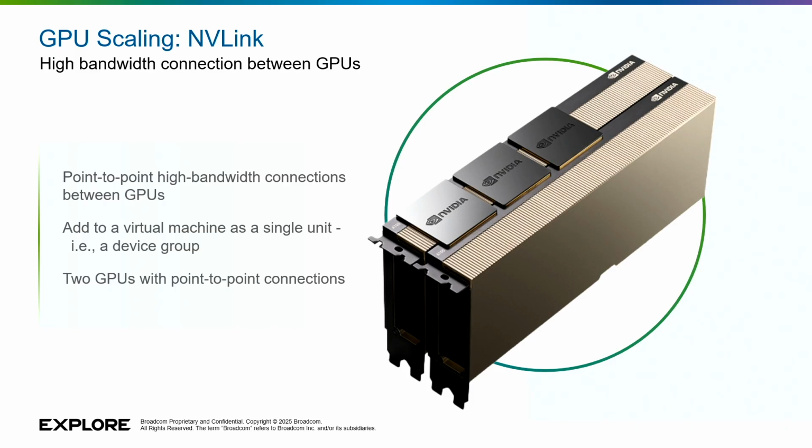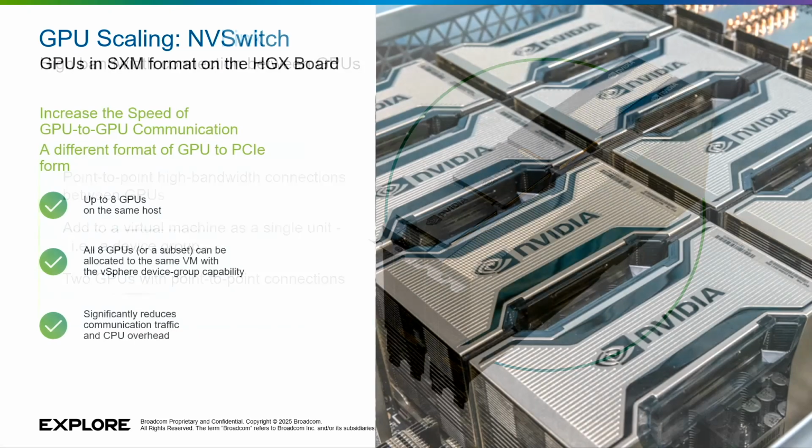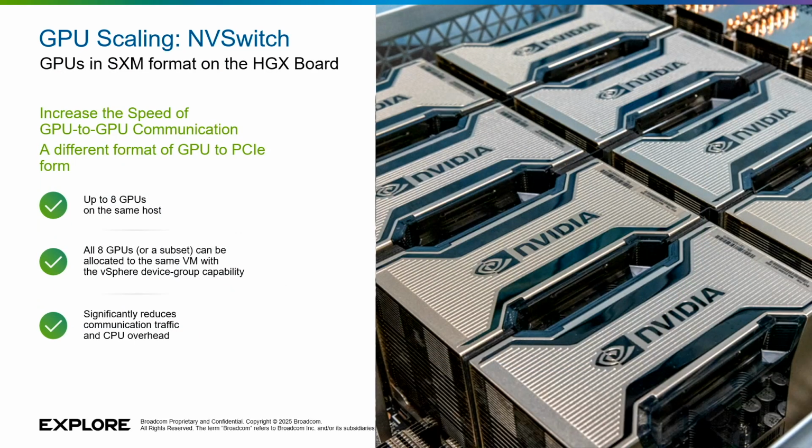This is just 2 cards. The newest hosts and the newest technology allow up to 4 with a single bridge going across them. So that's a pretty nice capability. But there's also the ability to do this in the motherboard. There's a technology, you'll see at the top, SXM is the format, HGX is the board. How many of you have heard of NVIDIA DGX boxes? Probably most people. We don't virtualize those boxes, but what we do virtualize are the HGX boxes.